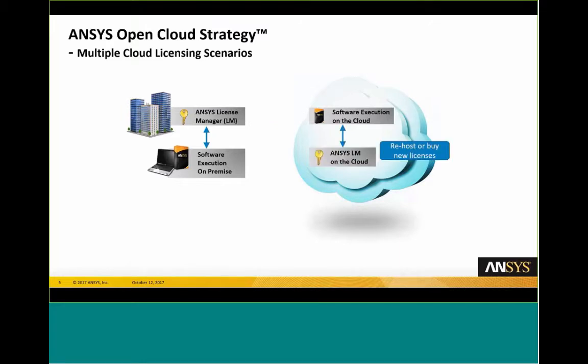If you want to isolate your work on the cloud, or if you need added license capacity for the cloud, you can also install your licenses on the cloud. You can obviously buy new licenses, etc. Pretty straightforward. You can also use a hybrid licensing scenario, where you use a combination of on-prem licenses with cloud licenses.